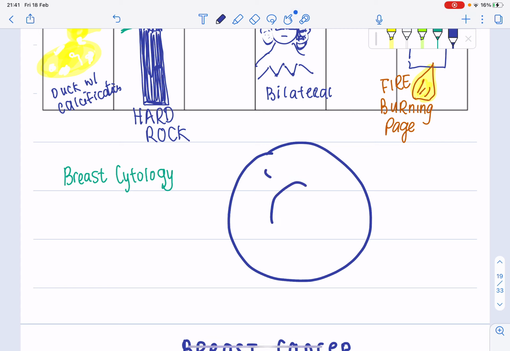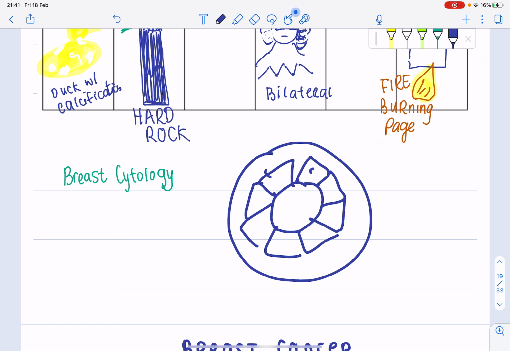Around the lumen, you have these luminal epithelial cells. I like to remember them as Louis. So these are your luminal epithelial cells because they are towards the lumen of the breast.